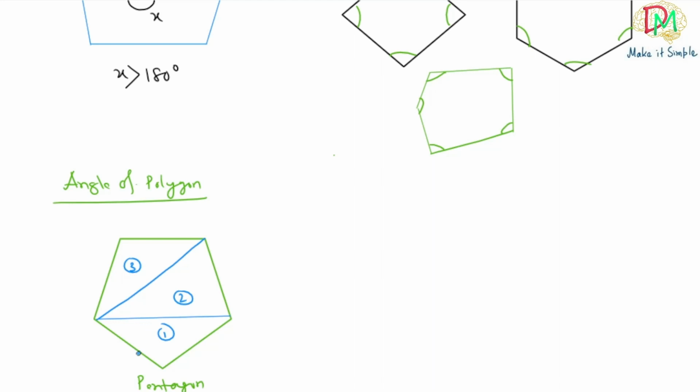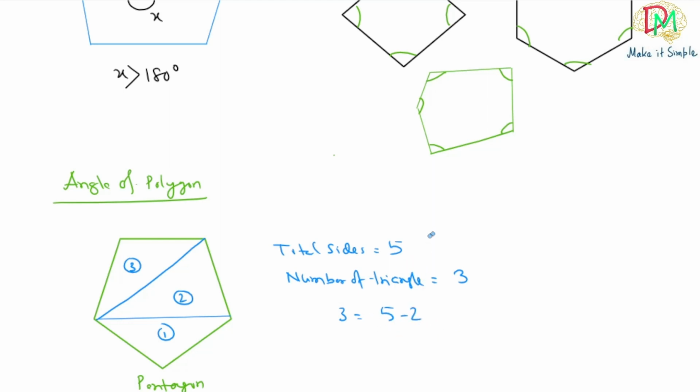But here how many sides are there? 1, 2, 3, 4, 5. And the number of triangles is equal to 3. So what is the relation between 5 and 3? 3 is equal to 5 minus 2.